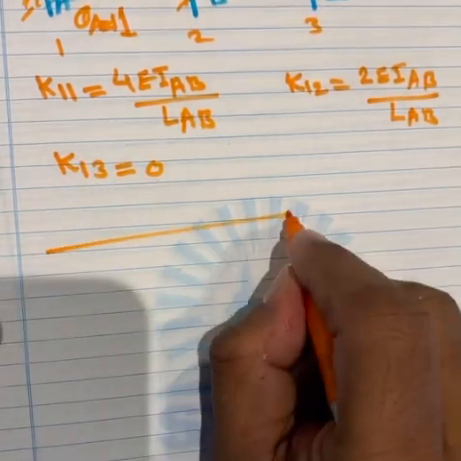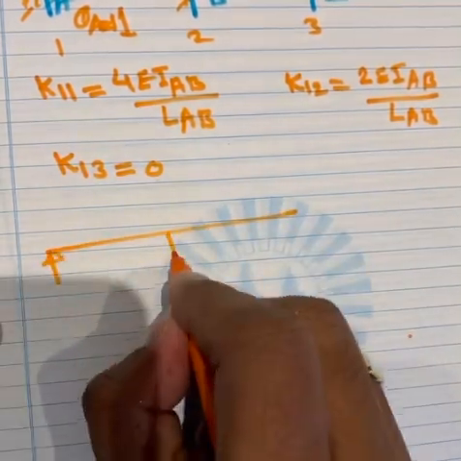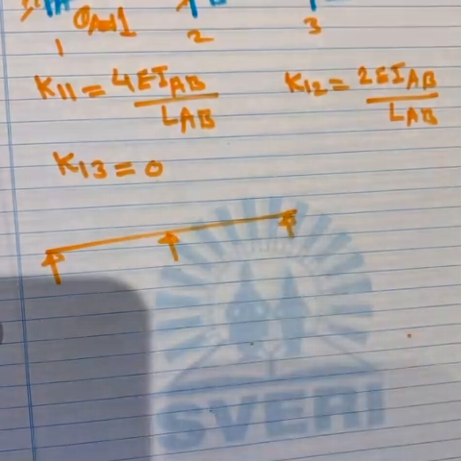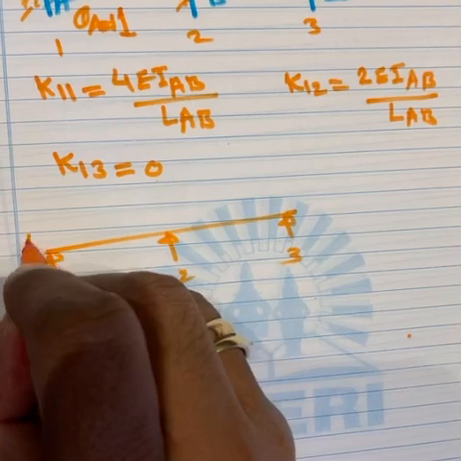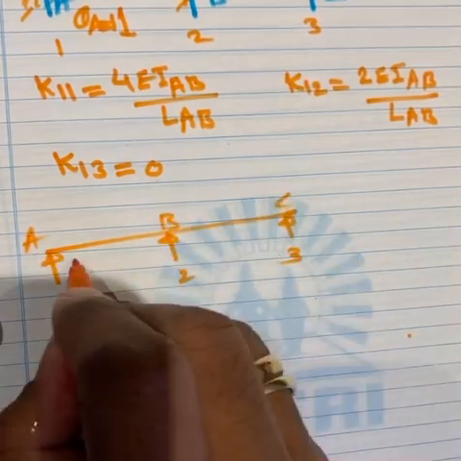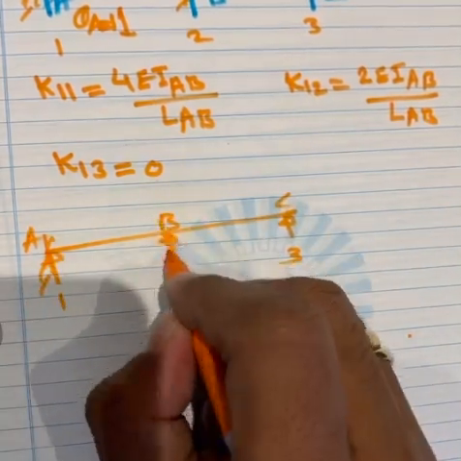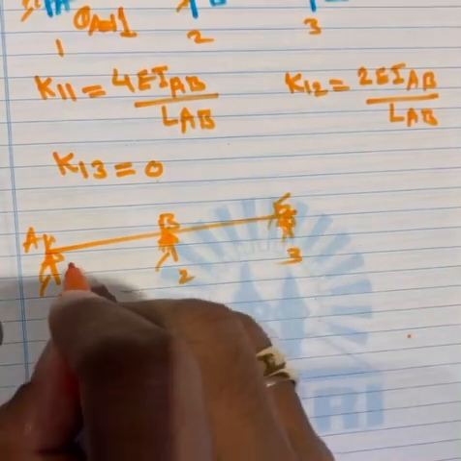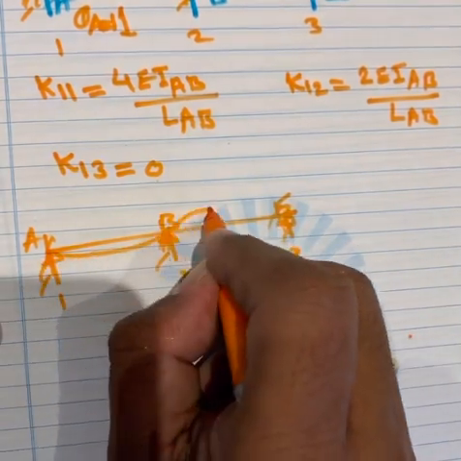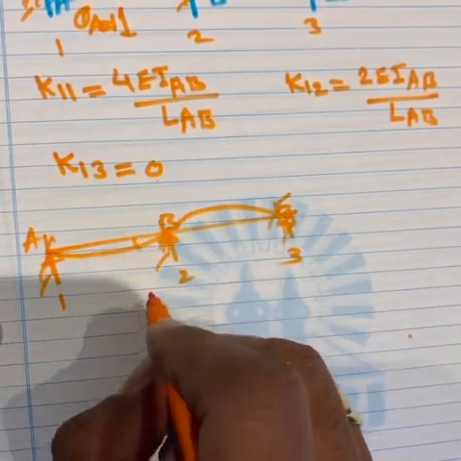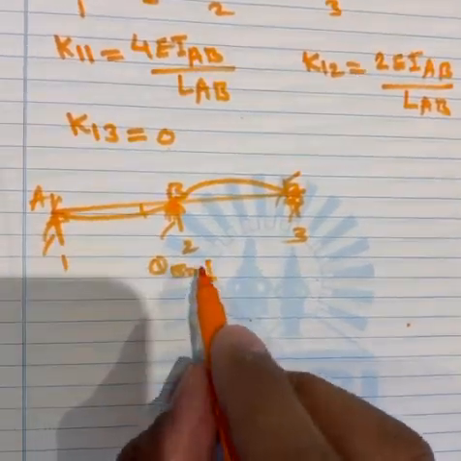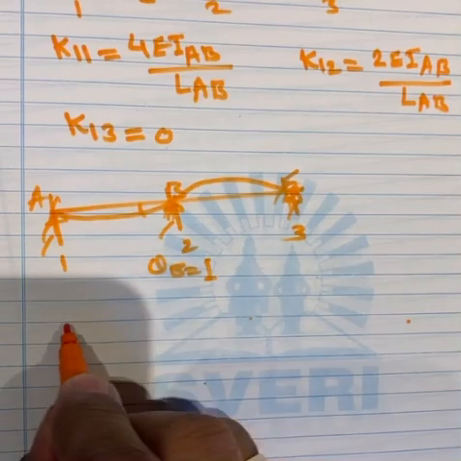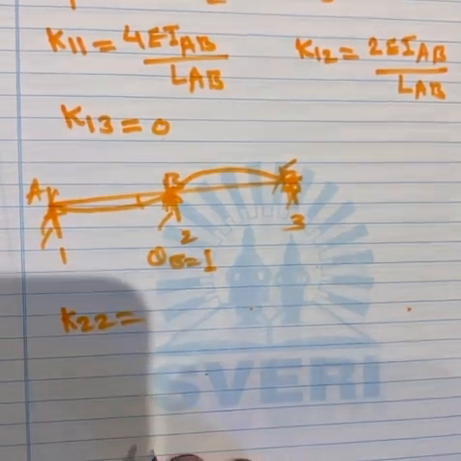Once again, let us take this beam and give rotation at 2, with A, B and C as 1, 2 and 3. First fix everything and then give unit rotation here, so theta B is equal to 1. In that case it will create K22.